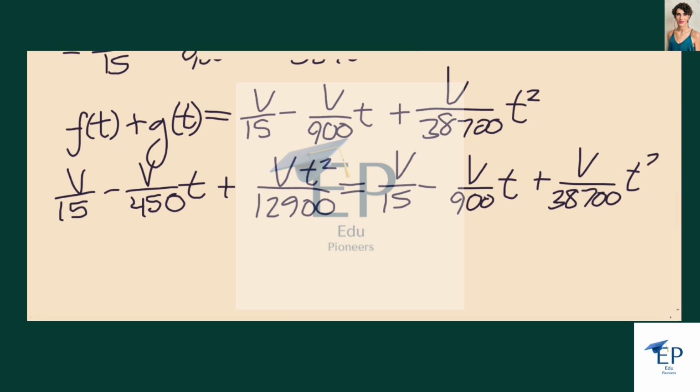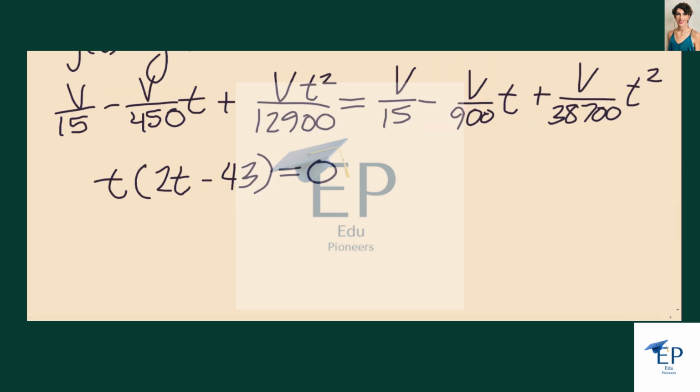And so we end up with a quadratic expression. And if you want to, you can simplify this. This should factor eventually as t times 2t minus 43 equals 0.